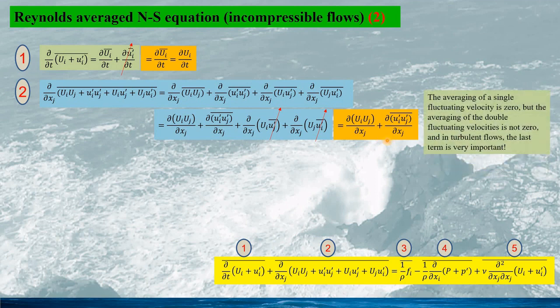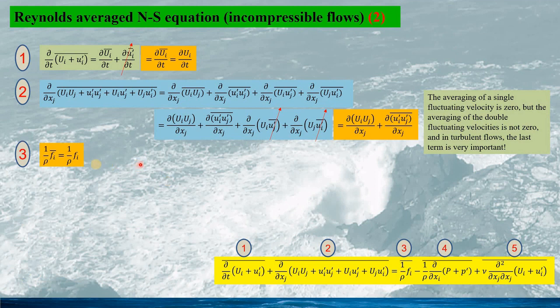From this mathematical manipulation, we can see the averaging of a single fluctuating velocity is 0, but the averaging of the double fluctuating velocities is not 0. And in turbulent flows, this term is very important.